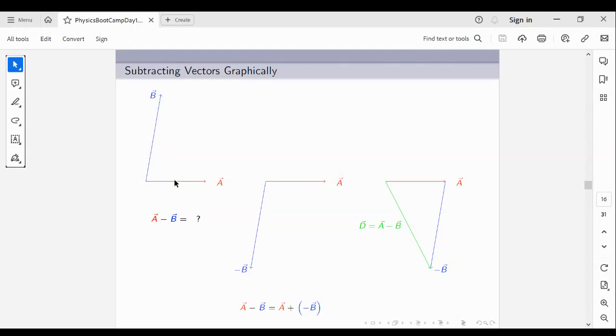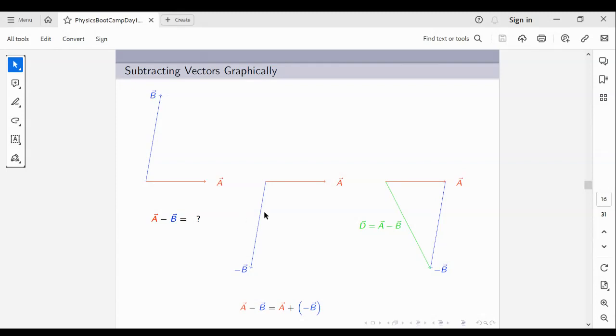See, right now we have A minus B. We start off with them tail to tail. And then, like I said, if we want to find A minus B, we have to do A plus minus B. So multiplying by -1 retains the length, reverses the direction, and now we're ready to do the head to tail business.